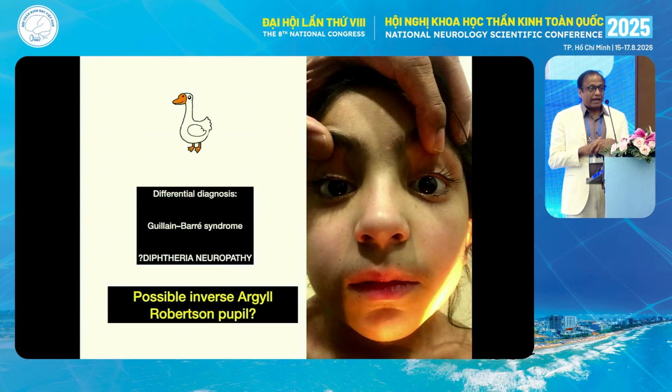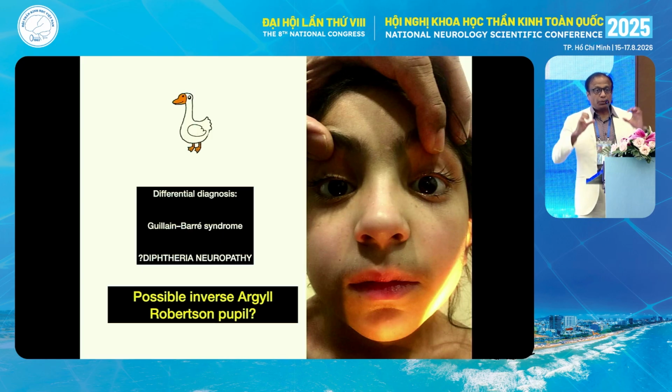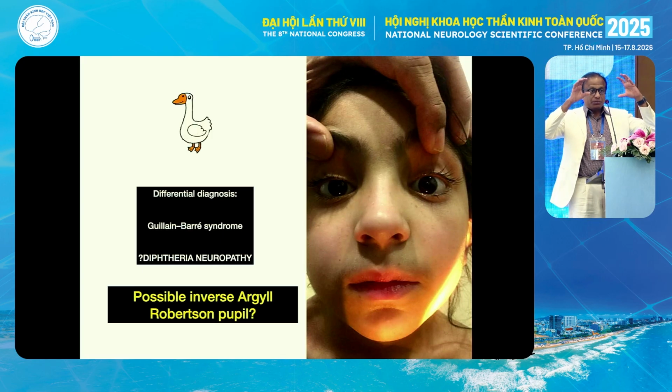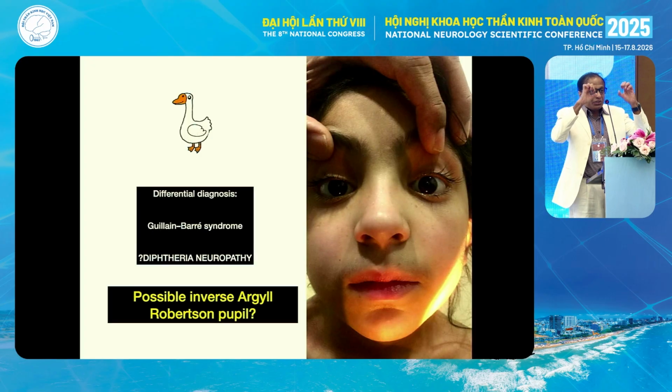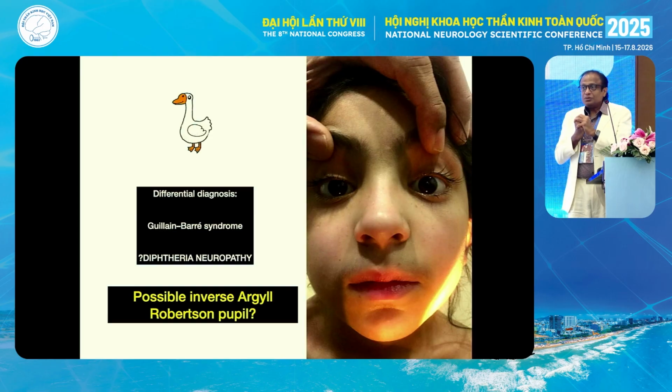So we all know in Argyll Robertson pupils, the patient's pupils respond poorly to light, but very well to convergence and accommodation. But in diphtheric neuropathy, one key feature is the opposite. It responds very well to light, but the patients cannot read because they can't constrict their pupils to convergence.